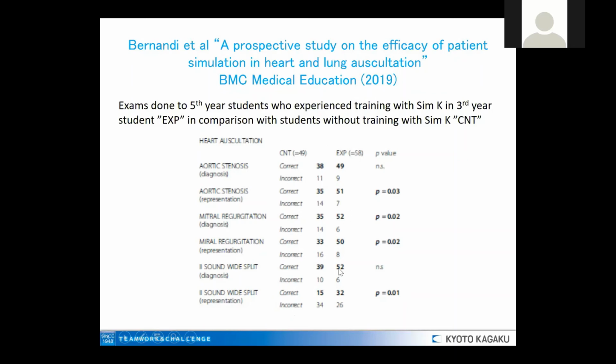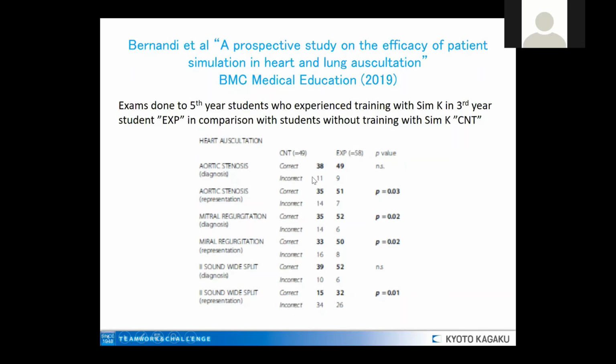As you can see here, we have different cases that they gave to the students to hear: aortic stenosis, or diagnosis or representation, or mitral regurgitation, and wide split sound.